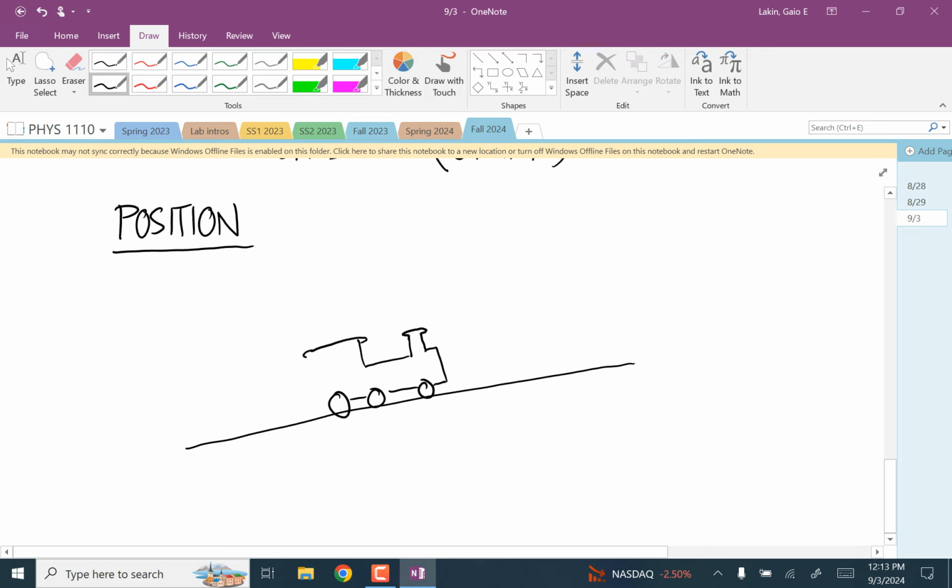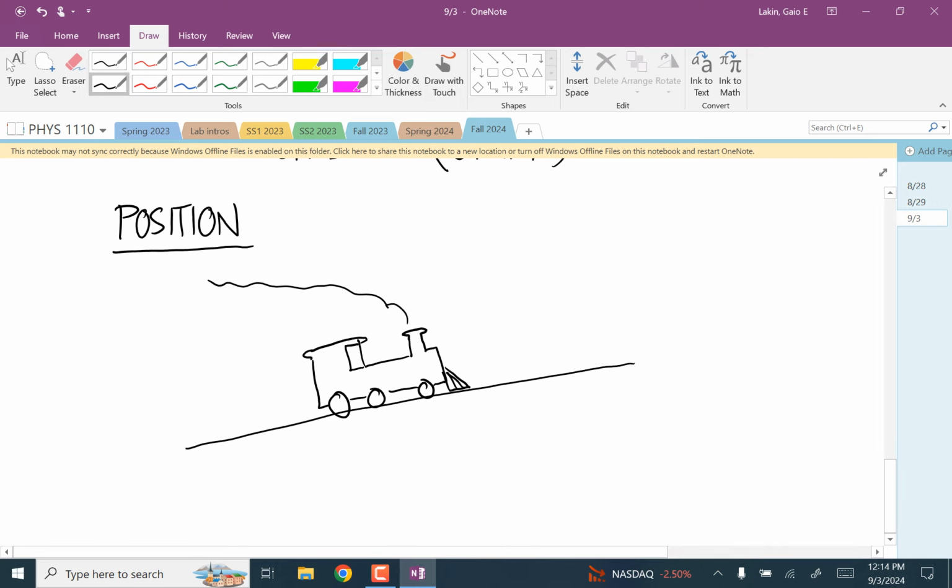I can only draw old-timey trains. So whether we're here doing physics or not, this train at this instant has a location. It is somewhere, you know, there's no denying that.